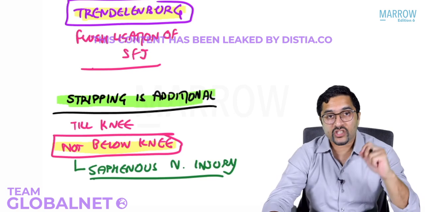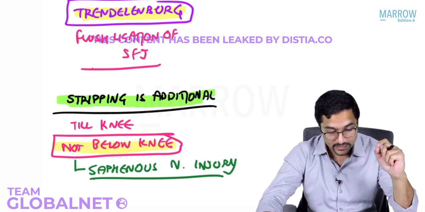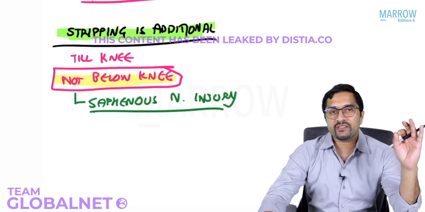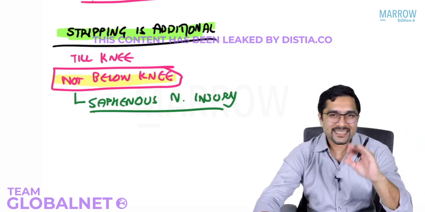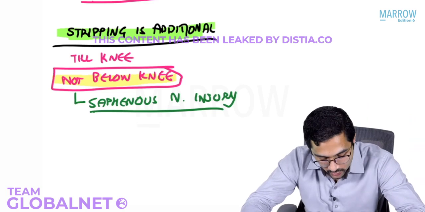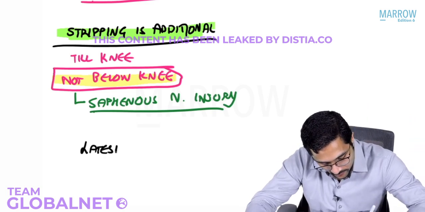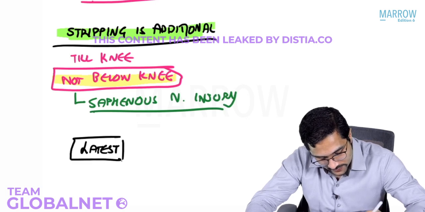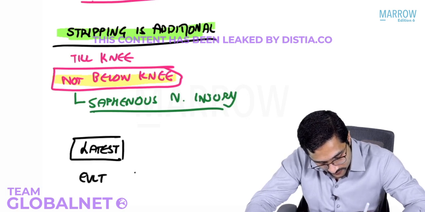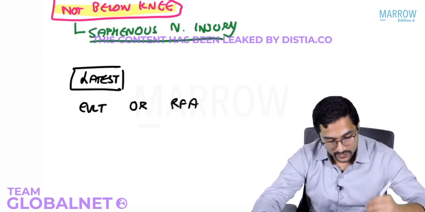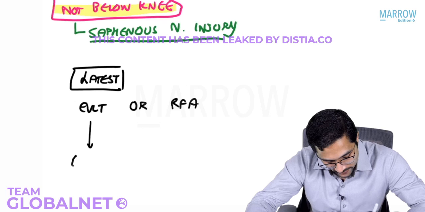That is why we don't strip the great saphenous vein below the knee joint. So this was the traditional surgery which was being done for great saphenous vein and saphenofemoral junction incompetence. What we are doing now, the latest procedures or the surgery of choice is EVLT or RFA. EVLT stands for endovenous laser therapy.